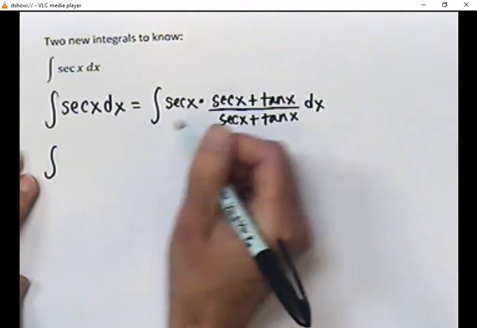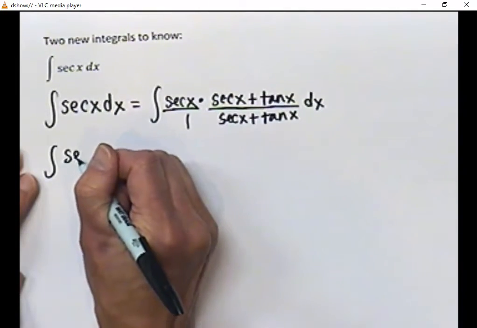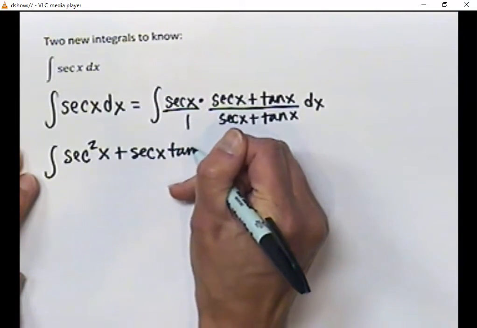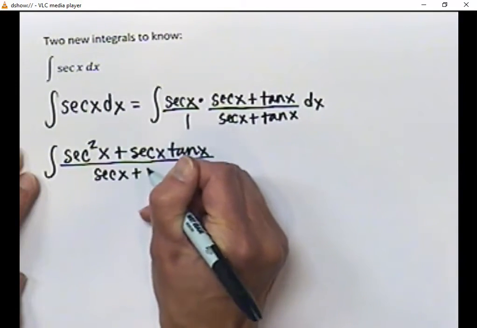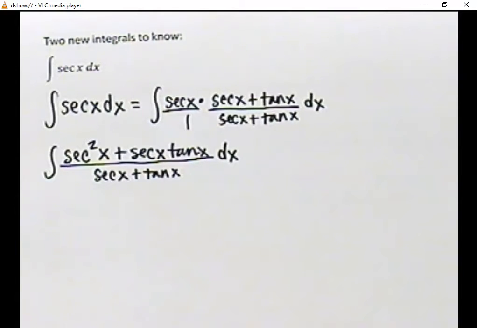So let's go ahead and multiply through the numerator. Remember, this is over 1, so this applies to the numerator. So this becomes secant squared x plus secant x tangent x. The bottom is still just secant x plus tangent x. And now, maybe you can think about why this was an important choice.